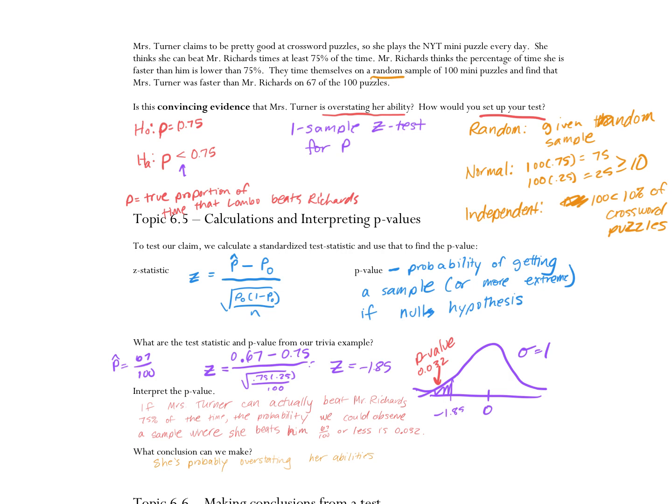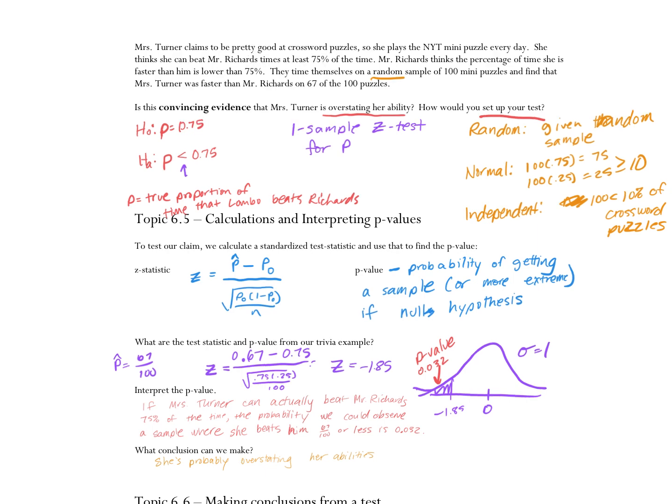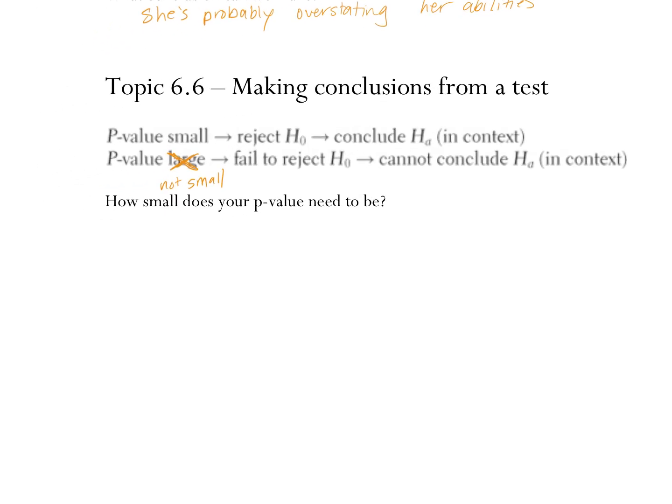All right. So from there, we could say, I'm not going to reject the null and conclude the alternative. But should I conclude that her success rate is 75%? No. I should just not conclude that it's less than 75%. Okay. So if our p-value is not small, we don't reject the null hypothesis. If I don't reject the null, how many hypotheses do I have that could be true?